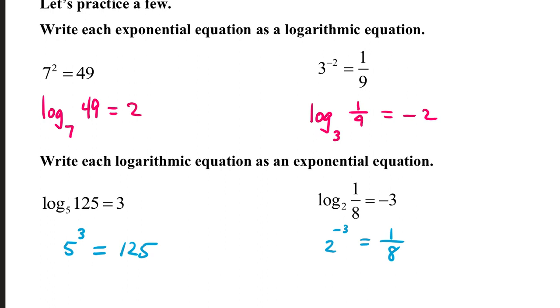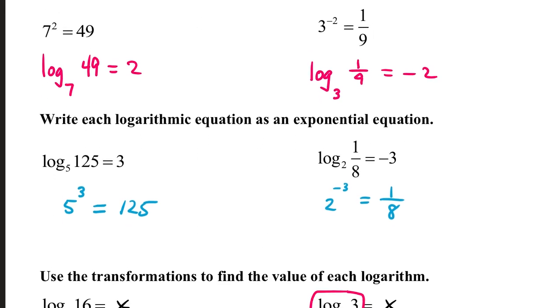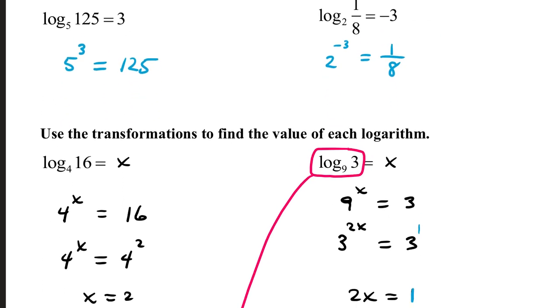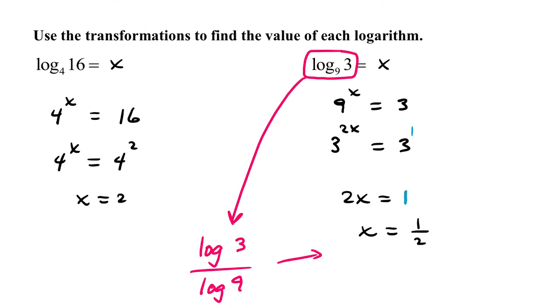In the other logarithm, log base 2 of 1/8 equals -3, and that's because 2 to the -3 power is equal to 1/8. Just keep in mind that a logarithm is an exponent.